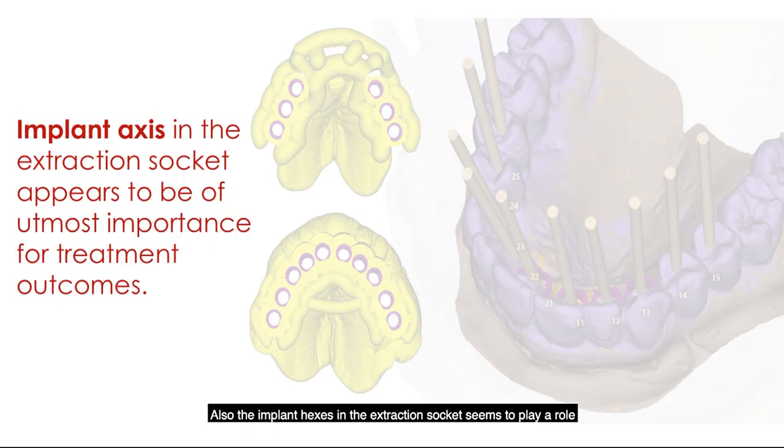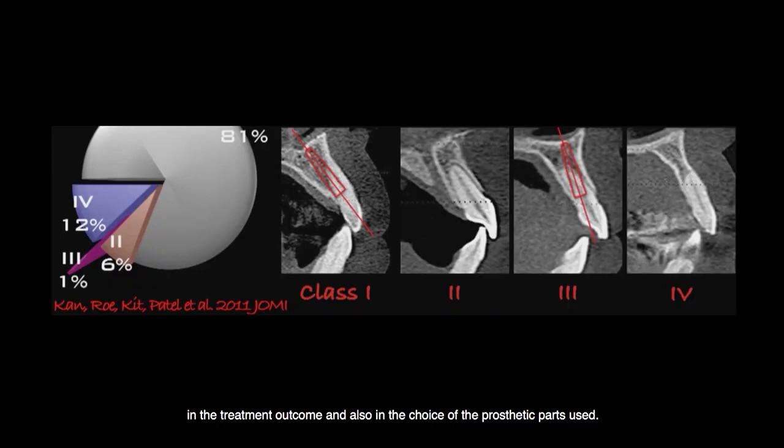Also, the implant axis in the extraction socket seems to play a role in the treatment outcome and also in the choice of the prosthetic parts used. Whereas for years and years we thought that if we don't have the screw palatally in the prosthetic construction, we are not that good surgeons.